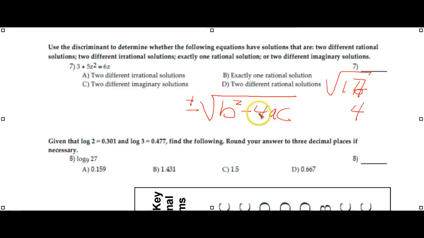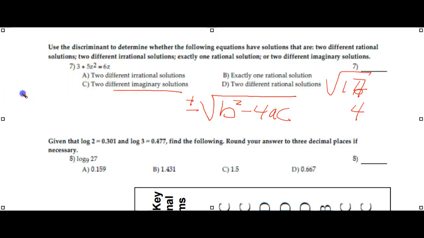If this ends up being a 0 under here, then plus or minus 0 doesn't change your answer, so you only get one rational solution. Now, if this is negative under the radical sign, then you're going to get two different imaginary solutions. So you need to, first of all, identify what is your A, B, and C here.